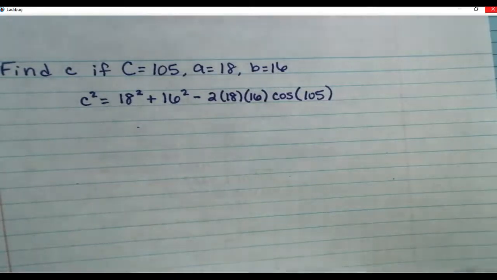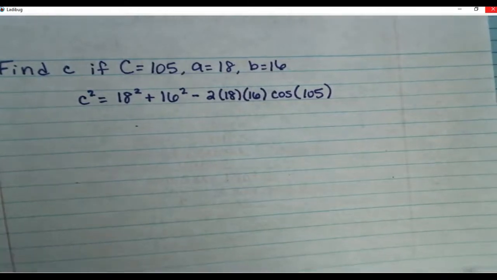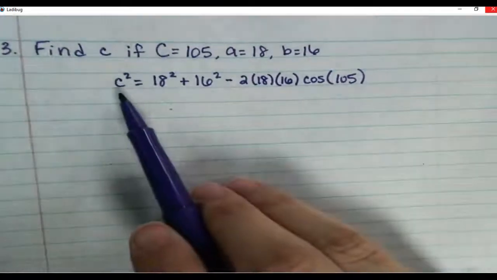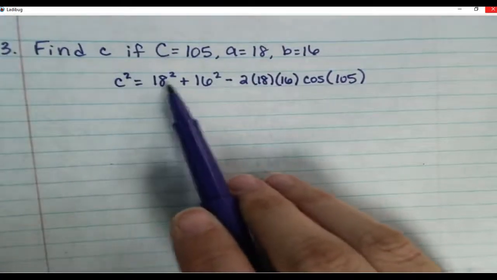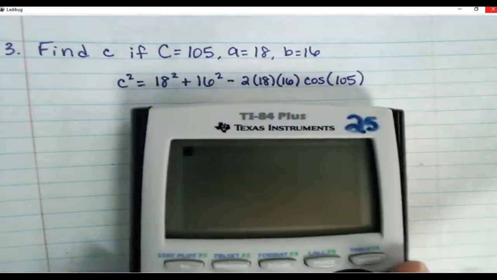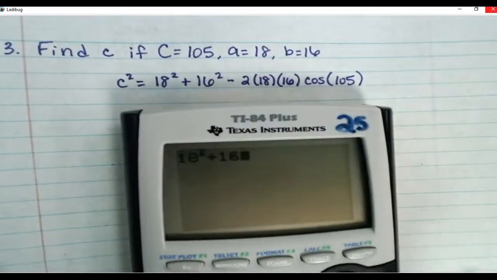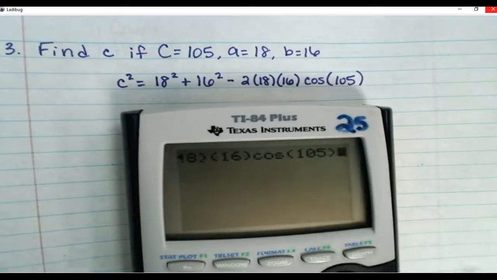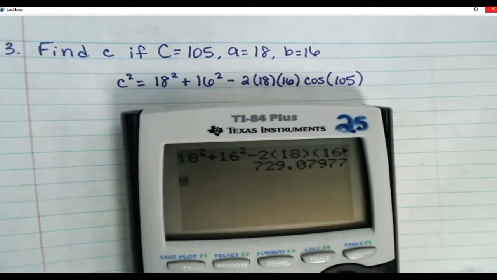It's up to you, but a little bit easier on yourself, a little less work if you just plug it in. And so on this one, we're looking for c squared. It's kind of already by itself over there, so I can type this whole right side in. And hopefully we get 729.07977.